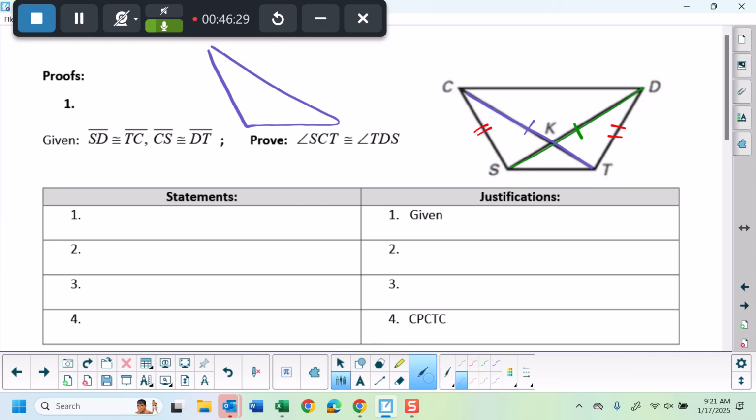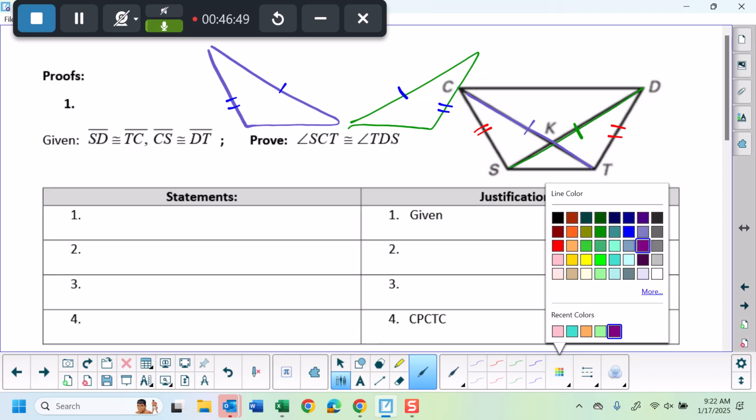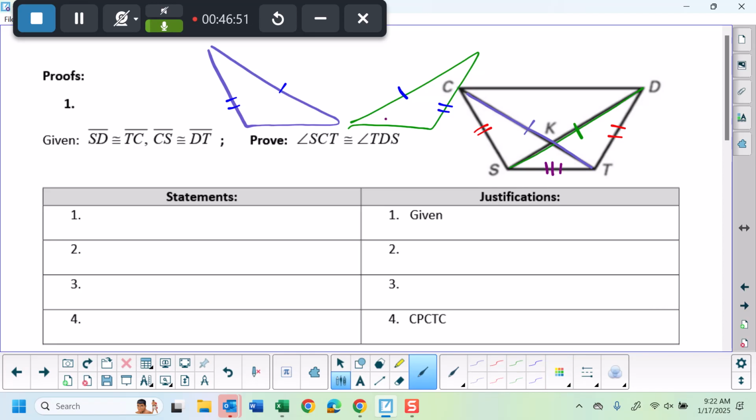The problem with drawing these two triangles separately and pulling them out is you're going to get a good picture of these congruent sides and these congruent sides, but you might miss the fact that SC is a shared side. So if you sketch them separately, you might miss that shared side.